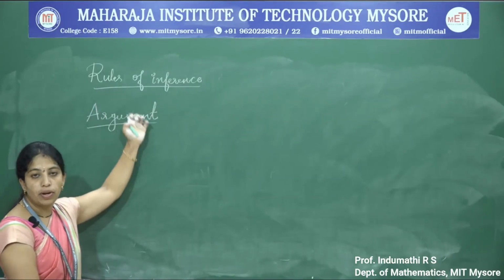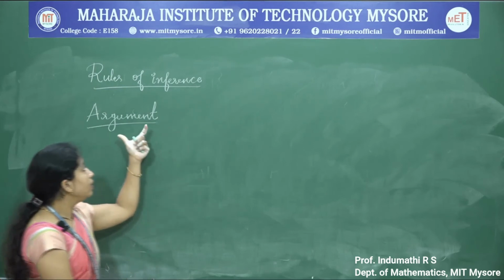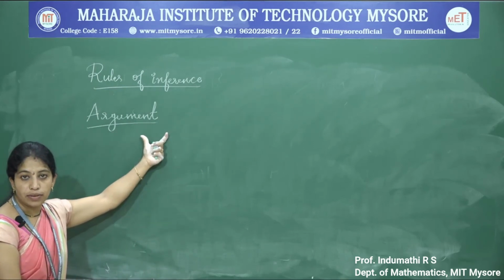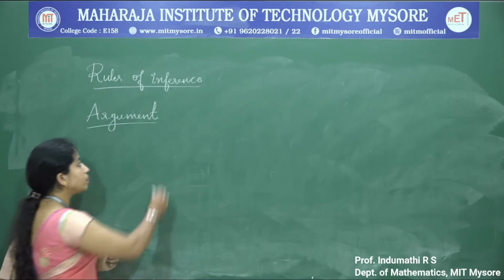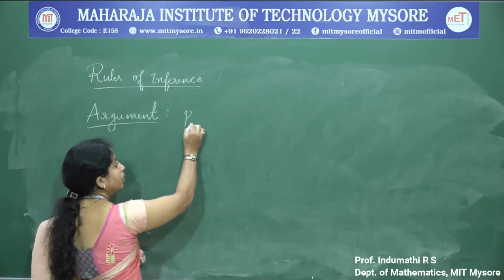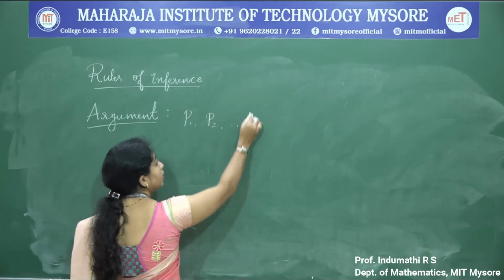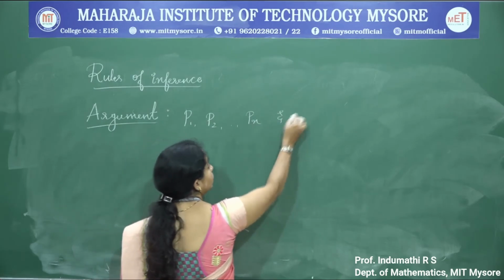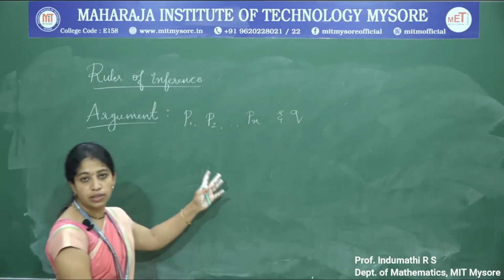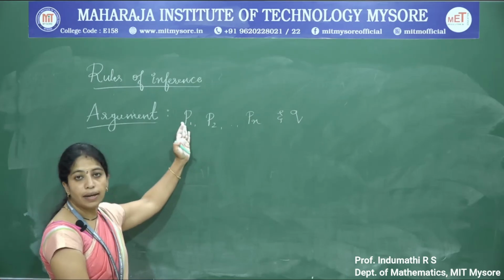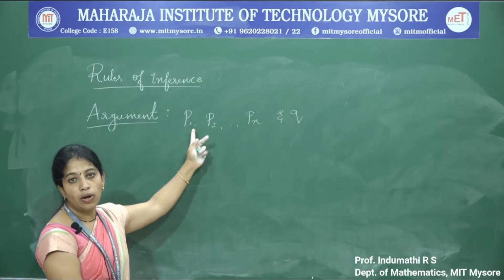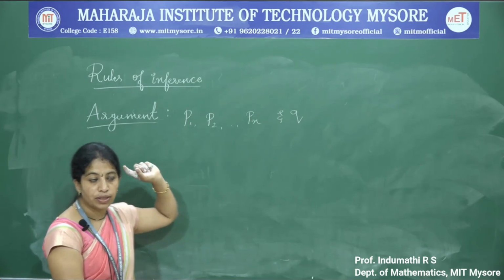The next concept is about rules of inference. In that, what is the meaning of argument? How to define argument? Let P1, P2, etc., Pn and Q be some propositions. Some propositions means either it can be a simple proposition or it can be a compound proposition.